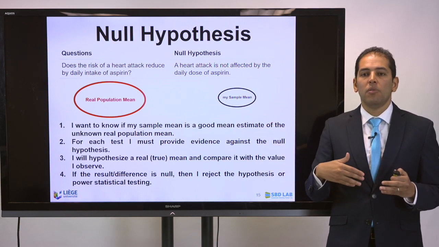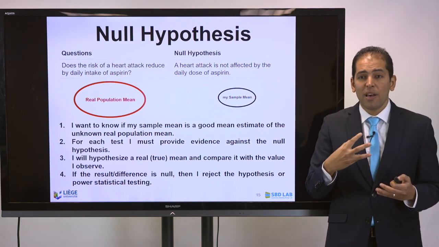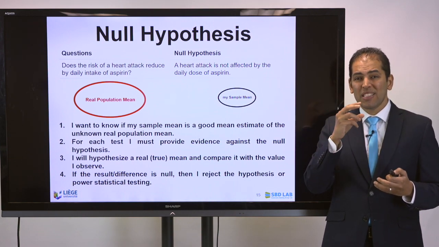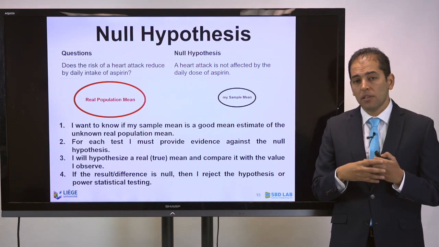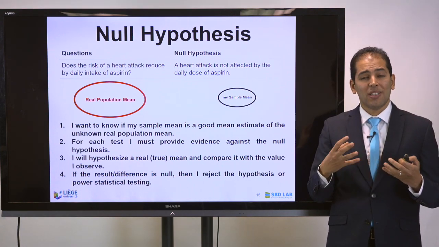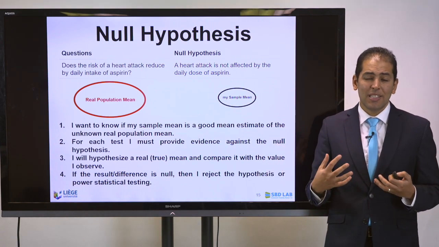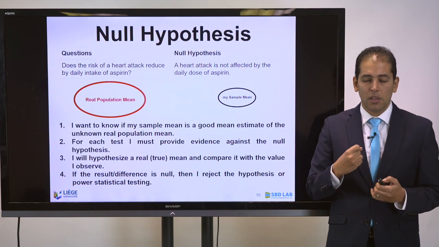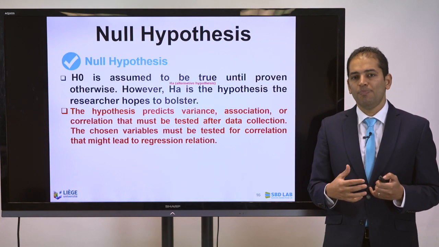Sometimes people who find that a hypothesis is null still have a gut feeling that there is a correlation between, let's say, the aspirin dose and the reduction of heart attack risk. Then you need to go for power statistical testing, which is a more sophisticated type of analysis. But in this case, if it's null, you have to stop.